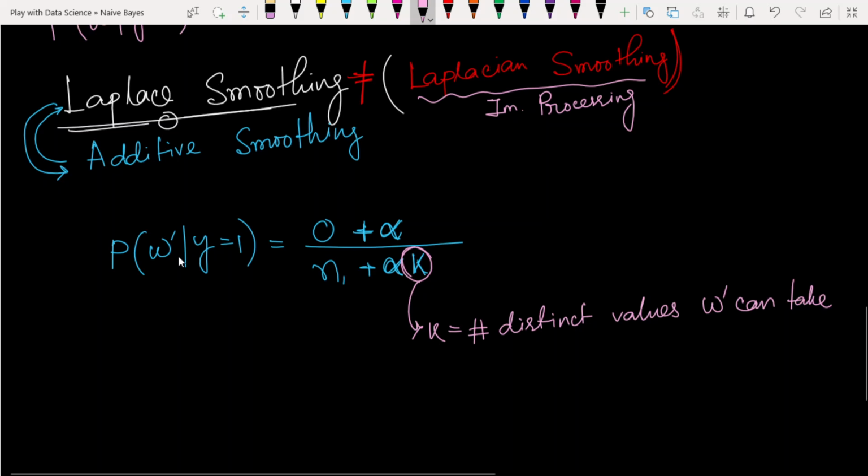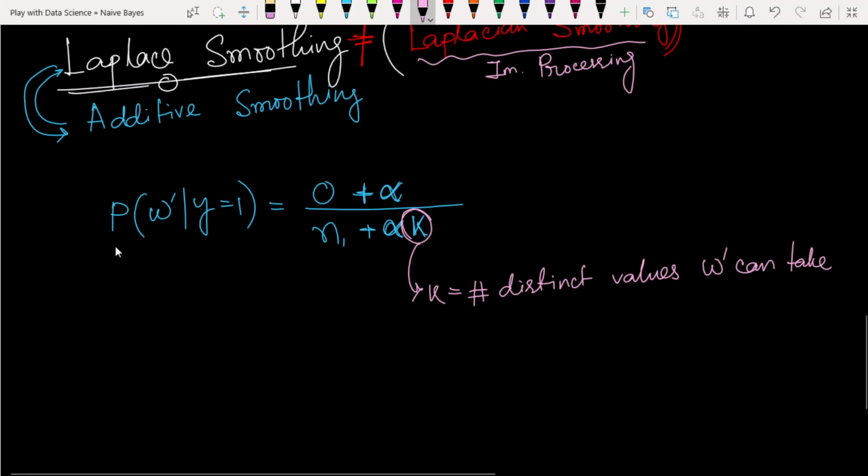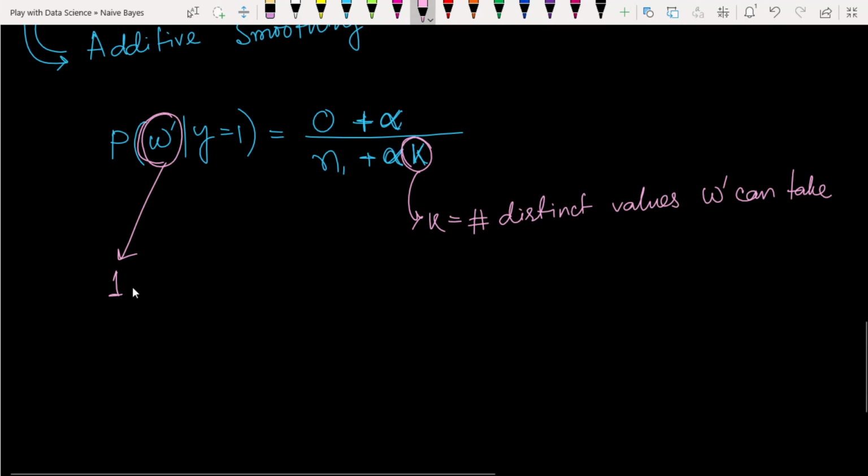Simply see this: in the data corpus, w dash may happen or may not happen. Only two types of values w dash can take. If w dash is present in our data corpus, we take 1, and if it is not present in our data corpus, we take 0.